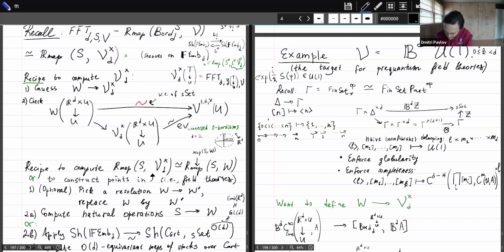And then d-morphisms are precisely U1. So for instance, if d equals 1, you see a groupoid with a single object, and automorphisms of this object are U1. That's precisely the d-looping of U1.